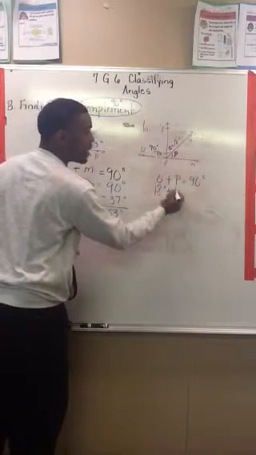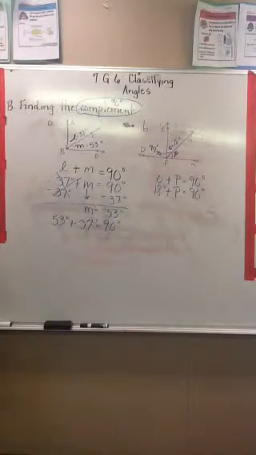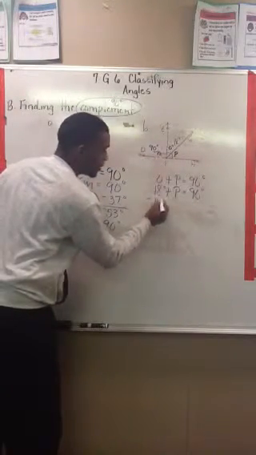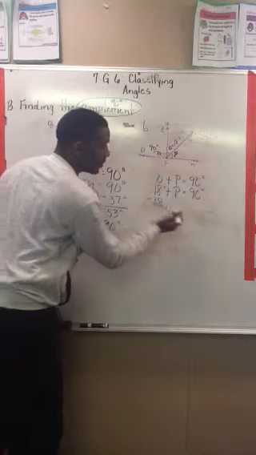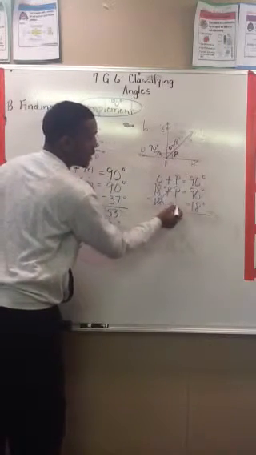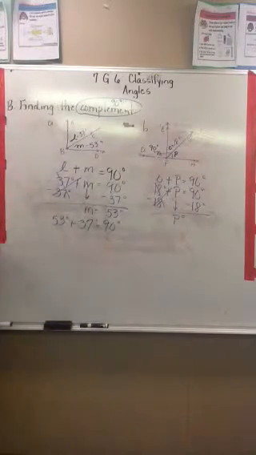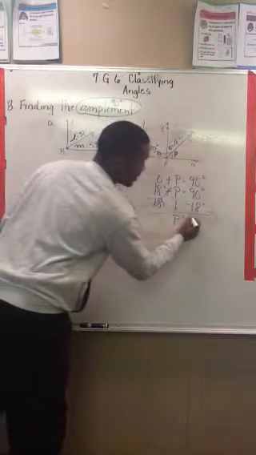P has to be the difference of 90 degrees and 18. So I'll use my inverse operation of a positive number, which is negative, and subtract from both sides of the equal sign. Take the signs with the constant. Bring the variable down. 90 minus 18 is 72 degrees.